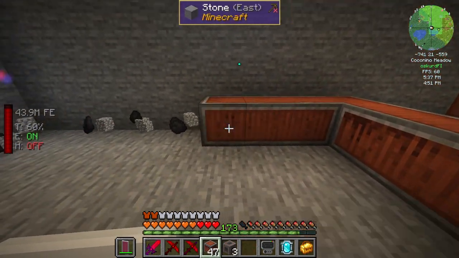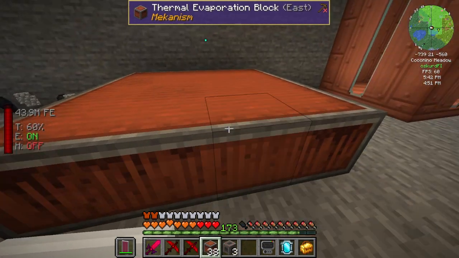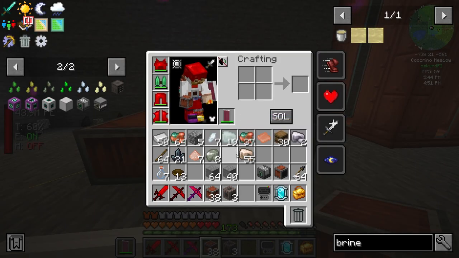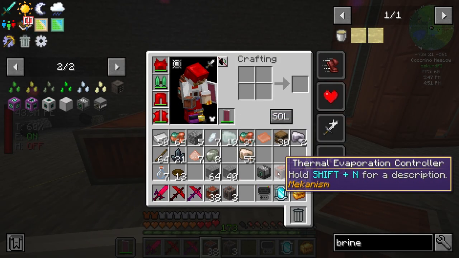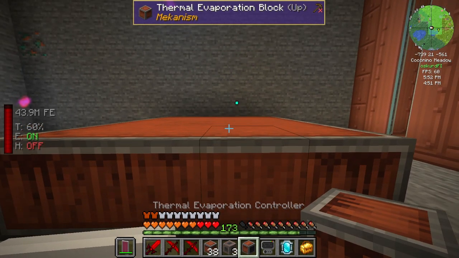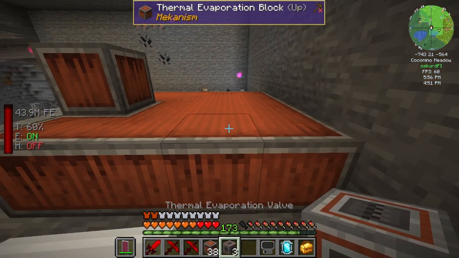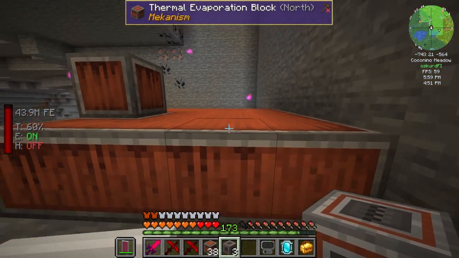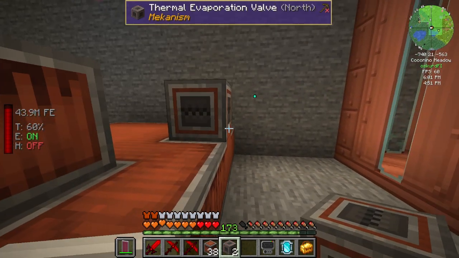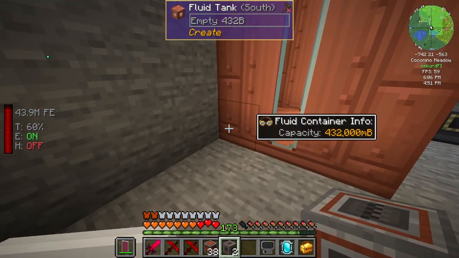Probably nice. Then 4. Here's our floor. Then our controller we could have here, which makes very much sense. Then one valve right here, so it's easy to get from here to here in the middle of this container.